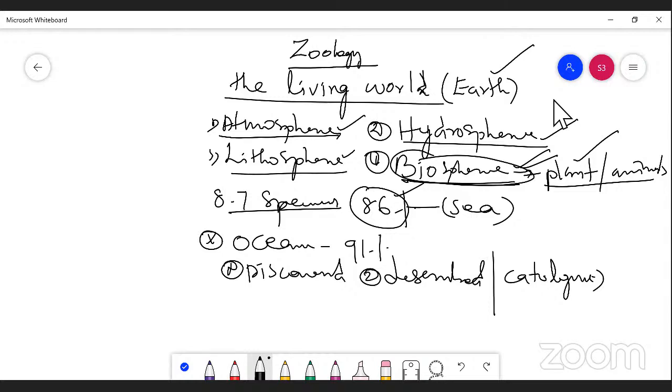From the animal kingdom, the human is at the topmost position of the living species.